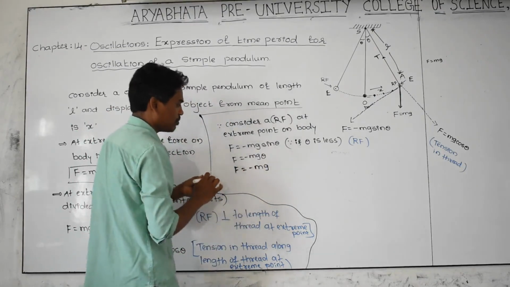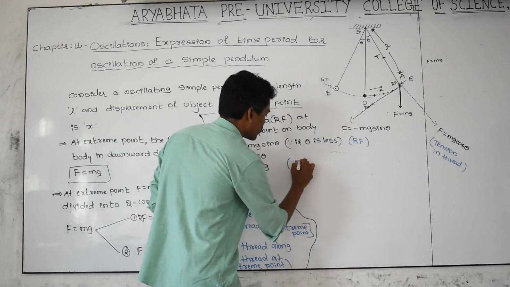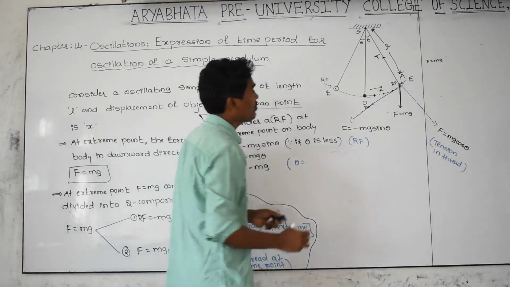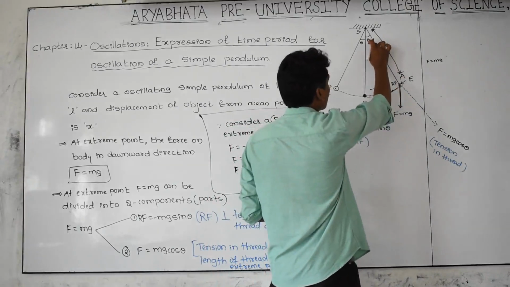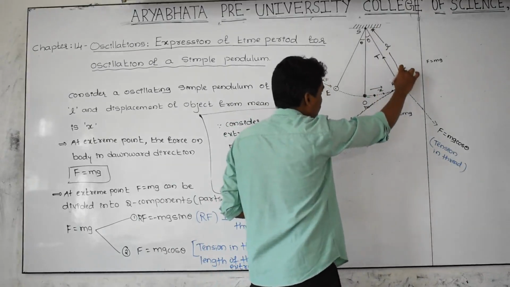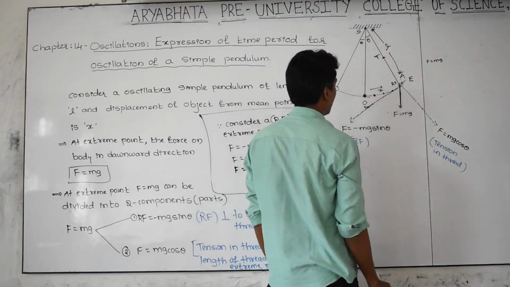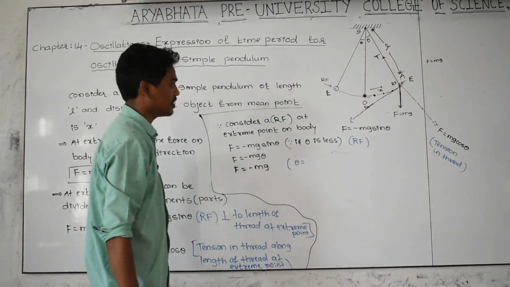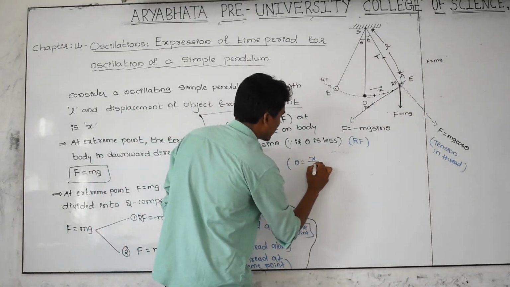Here from the diagram, theta is equal to arc divided by radius, that is theta is equal to x divided by L.